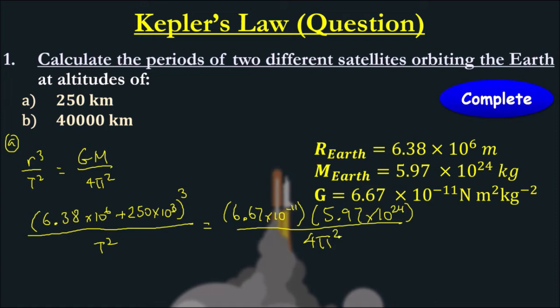squared. So what we need to do is rearrange to make T the subject of the equation. So simply what would end up happening, it would look something along the lines of this.